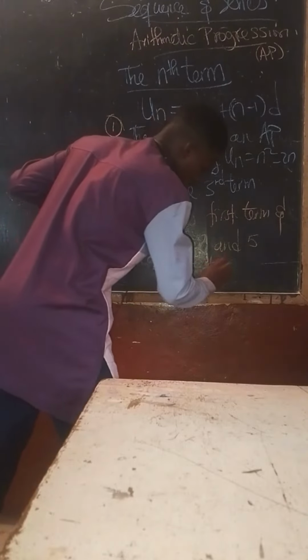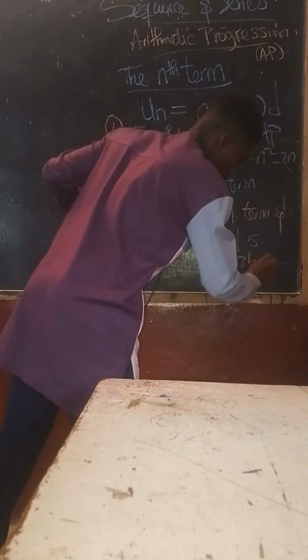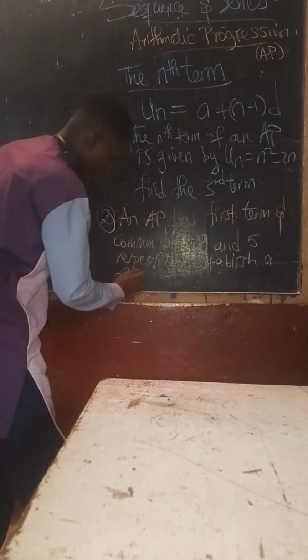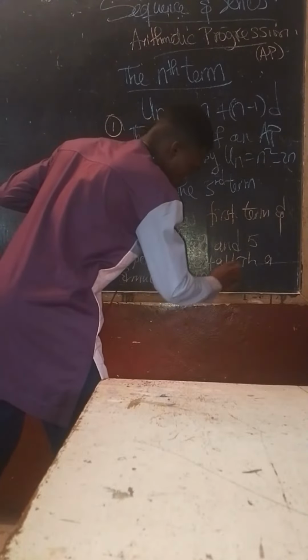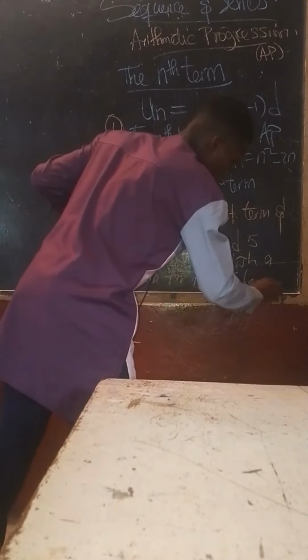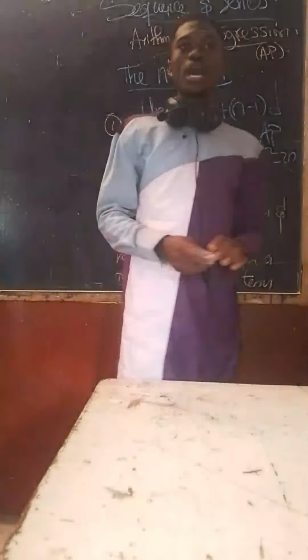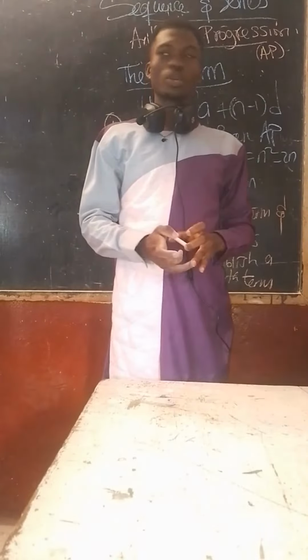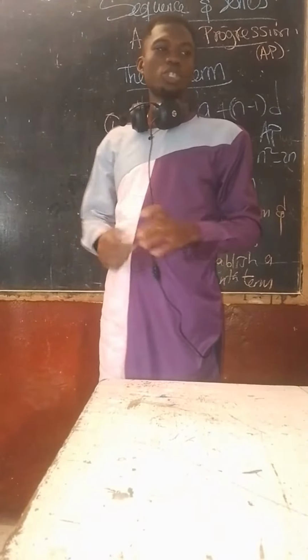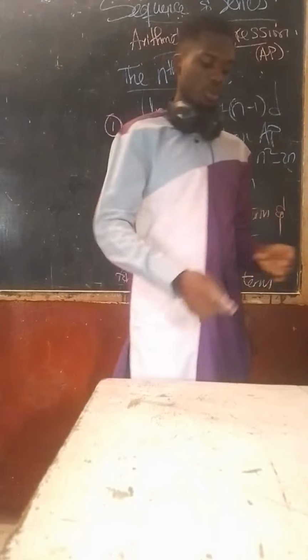Establish a formula for the end term. And now that you are still struggling with the first question, we'll just continue. You will solve that one when you go home, and I will mark it.